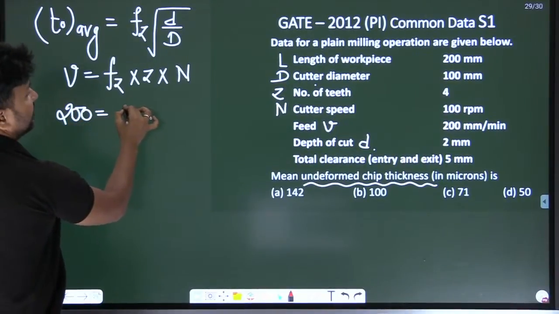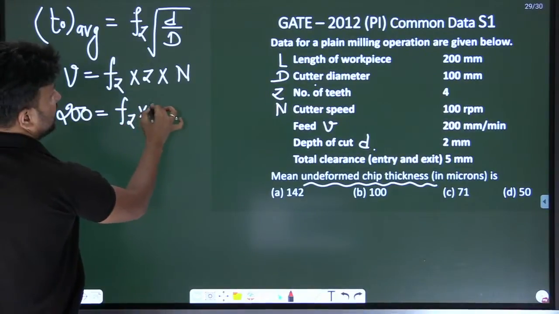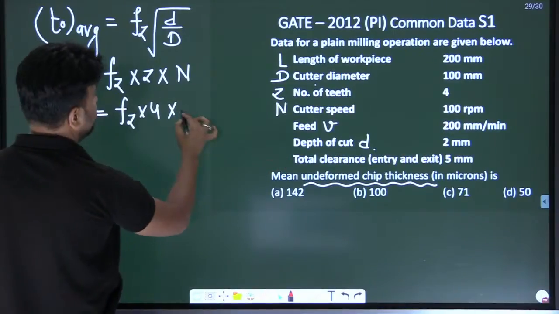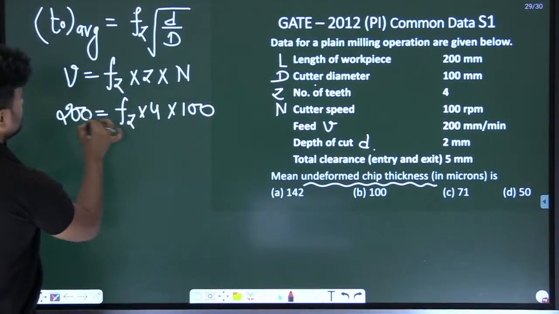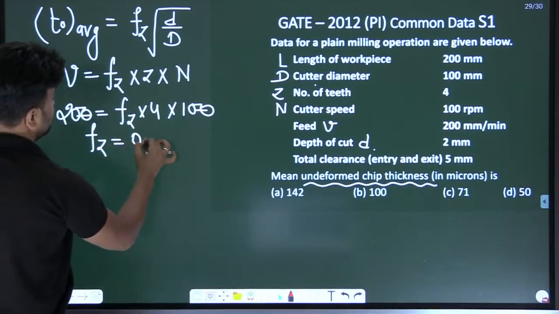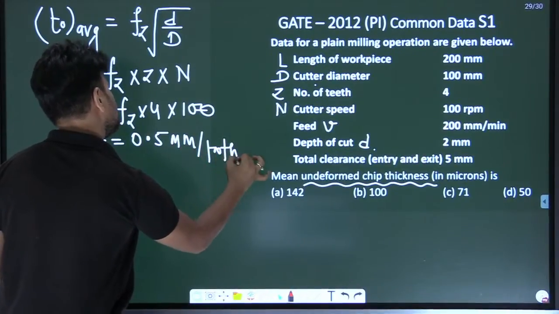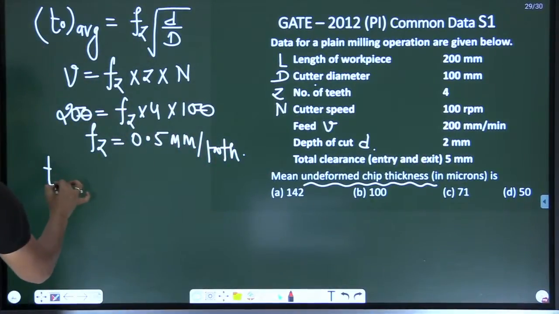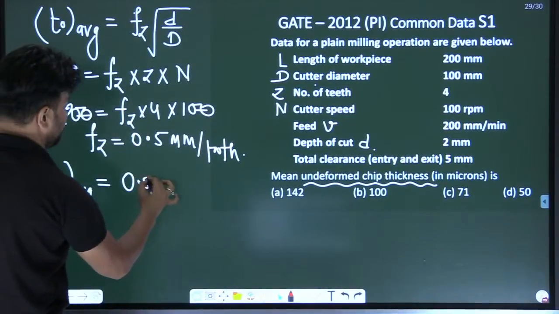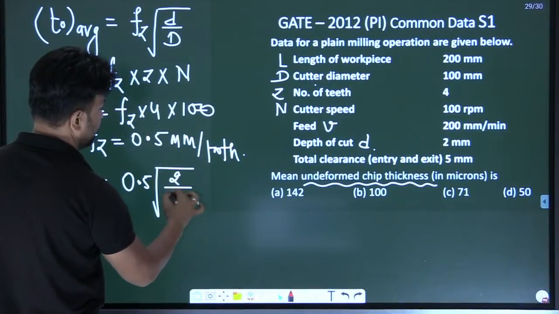Fz you have to find out. Z is 4, into RPM, which is 100. So here Fz will become 0.5 mm per tooth. Now put it here: t naught average equals 0.5 root of small d, that is 2, divided by 100.